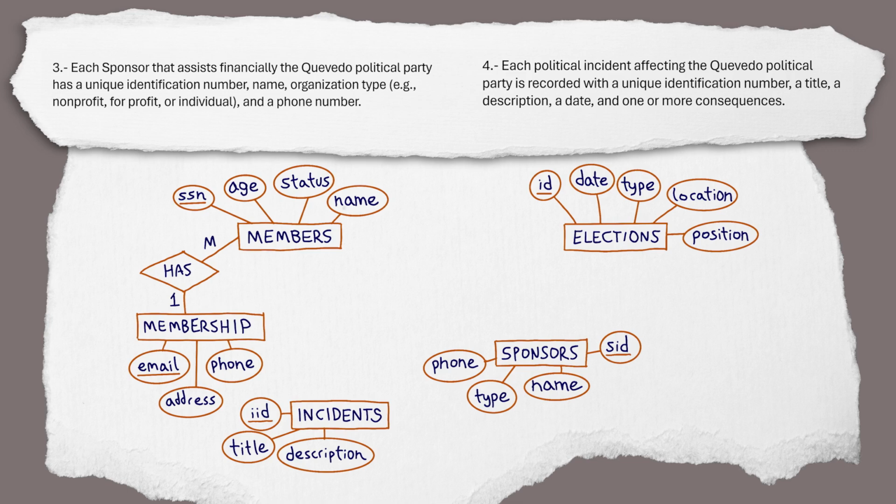So here I'm going to have the consequences. If I just circle like that, there is no difference with the other attributes that I have indicated in the rest of the diagram. So here I'm going to have to do an additional ellipse, enclosing that, a double ellipse around the consequences. And that indicates that this is a multi-valued attribute.